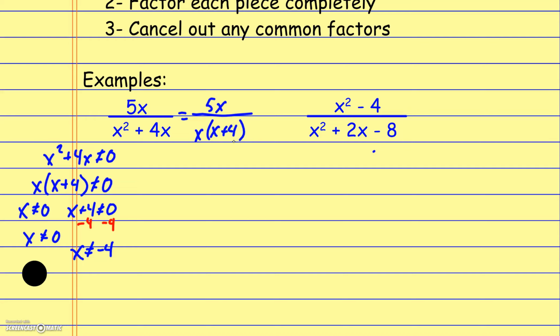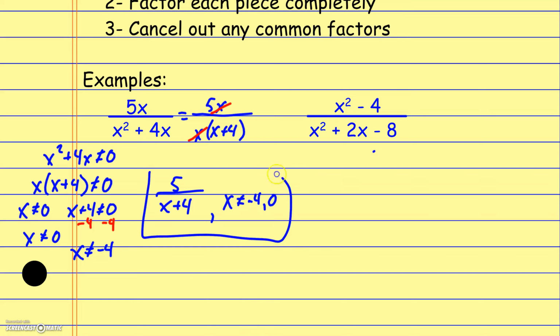And now I cancel out any common factors, and I see that I've got an x in the numerator and denominator, so I can cancel those out. And so this thing simplifies to 5 over the x plus 4. And I just put a comment here and say, hey, it simplifies to 5 over x plus 4, except that x cannot equal 0 or a negative 4. Or we can write the negative 4 and then 0.